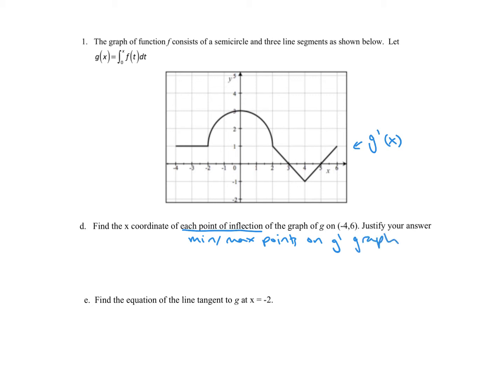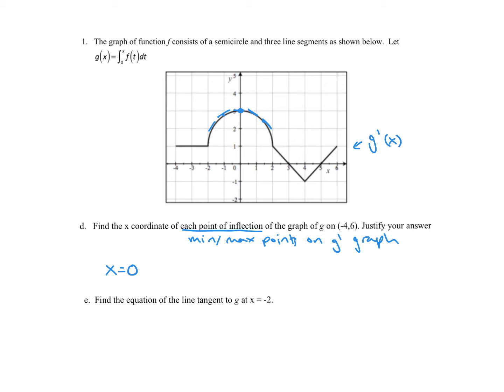So when x equals 0, if you imagine the derivative of this graph, it's positive, it's 0, and then it changes to negative. So that's the second derivative changing sign, and it equals 0 at the top. So x equals 0 is going to be the location of a point of inflection.